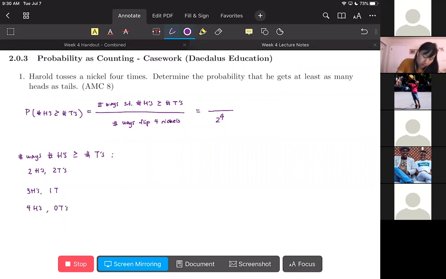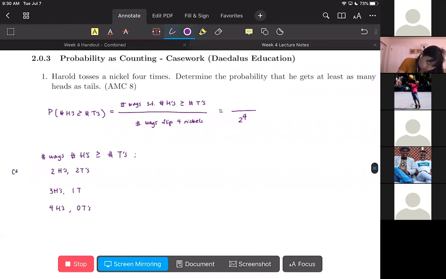So here are 3 cases. And then for each of these cases, let's count how many ways Harold can toss the nickel to get that outcome. We can start with the easiest one, which is if there's 4 heads, then there's only one way that Harold can do that. It has to be heads, heads, heads, heads, right? So there's 1 here.